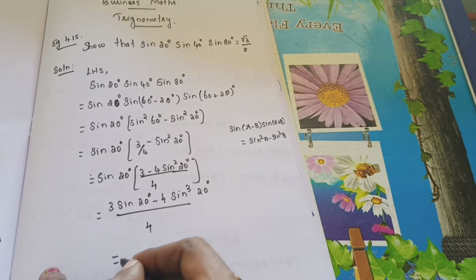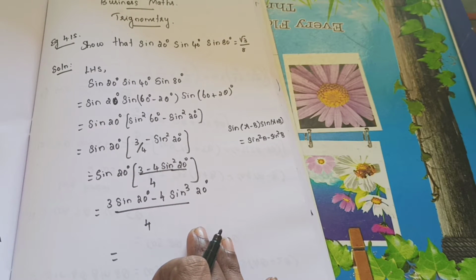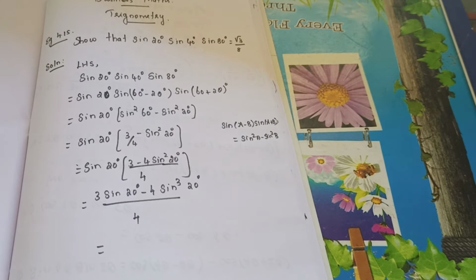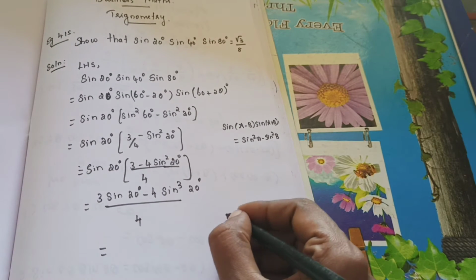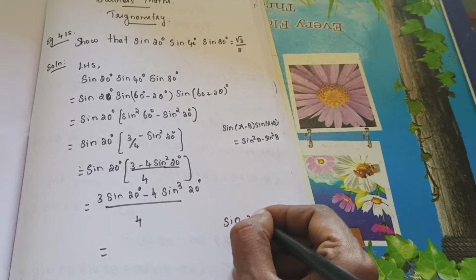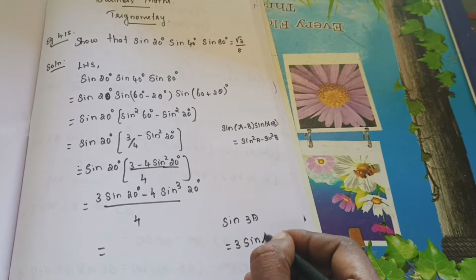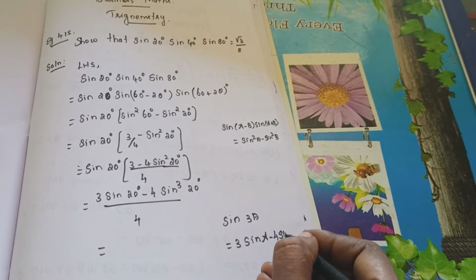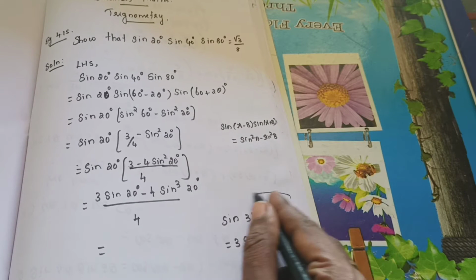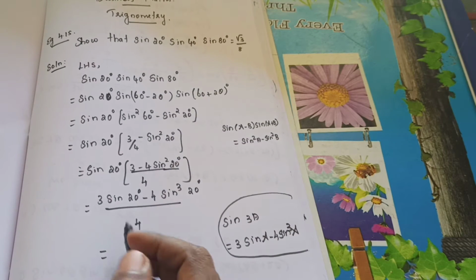That's equal to, now we will use again the formula you have learned already. You have learned the formula for sine 3A. What's the formula for sine 3A? 3 sine A minus 4 sine cube A. Use this formula here.